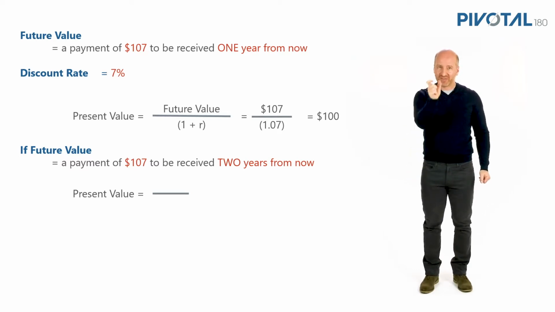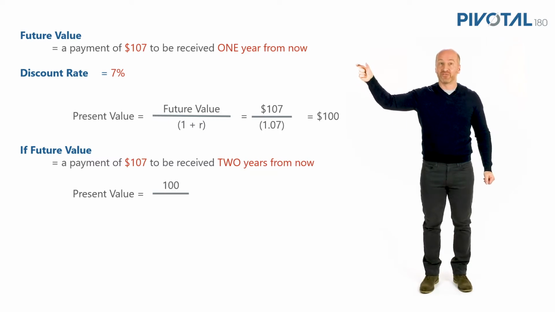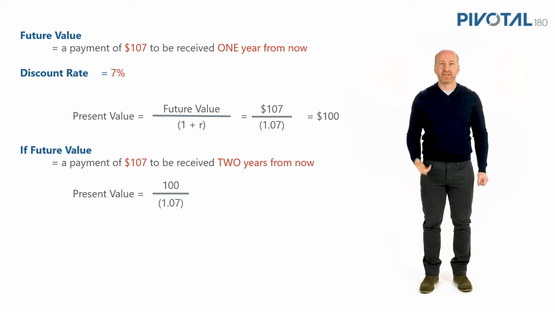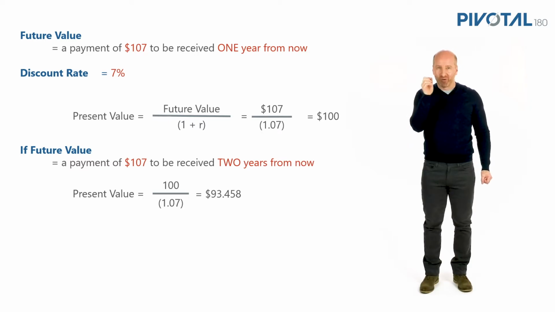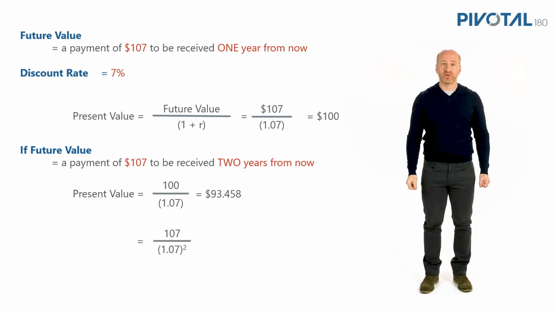So I will begin with that present value of 100, that is for a 1 year future dated cash flow, divide that by 1.07, 1 plus my discount rate, and that equals 93.458. Or another way of thinking about that is $107 future value divided by 1 plus the discount rate, 1.07, raised to the power 2, because I'm discounting this for 2 years.